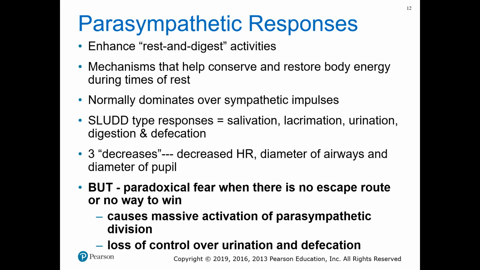If, on the other hand, we can't win, there's no way to win, we are terrified beyond the point of reason, I guess you could say, then our body undergoes not an additional sympathetic response, but we trigger a parasympathetic response, a massive parasympathetic response. It is not unusual for individuals that are terrified to lose control of their bladder and their bowels.